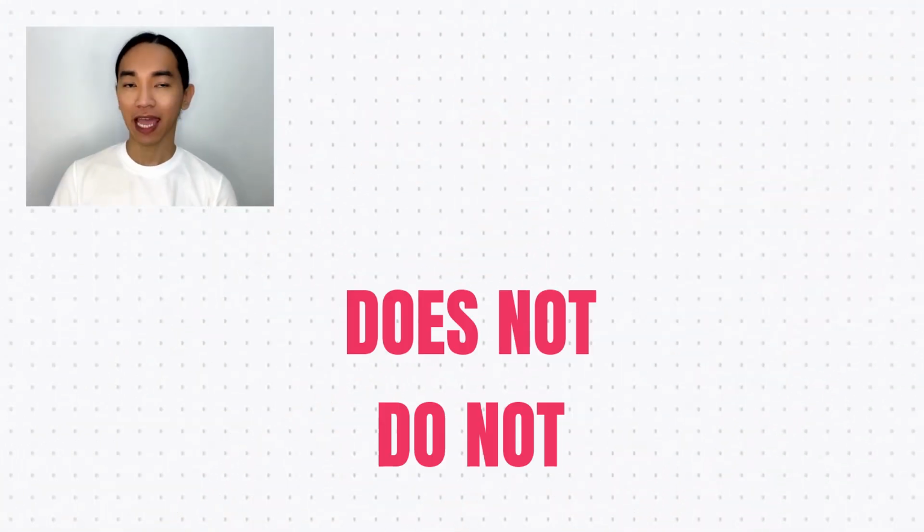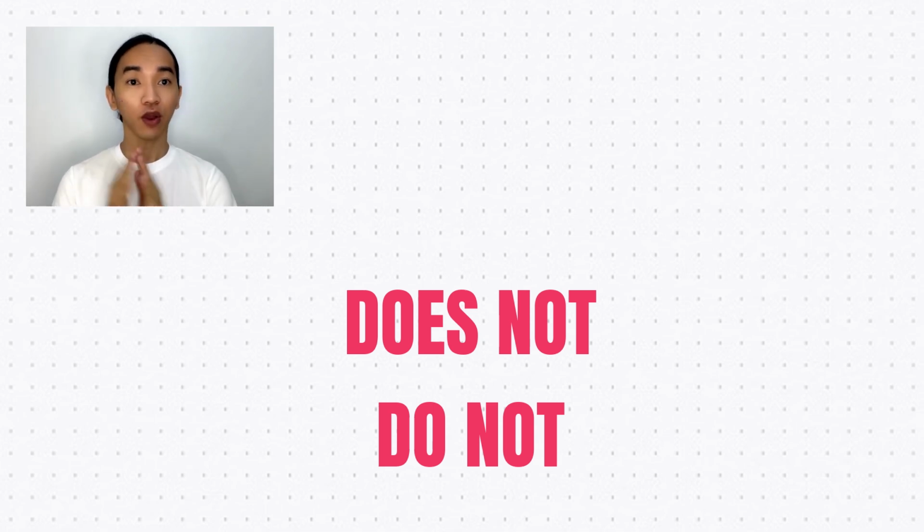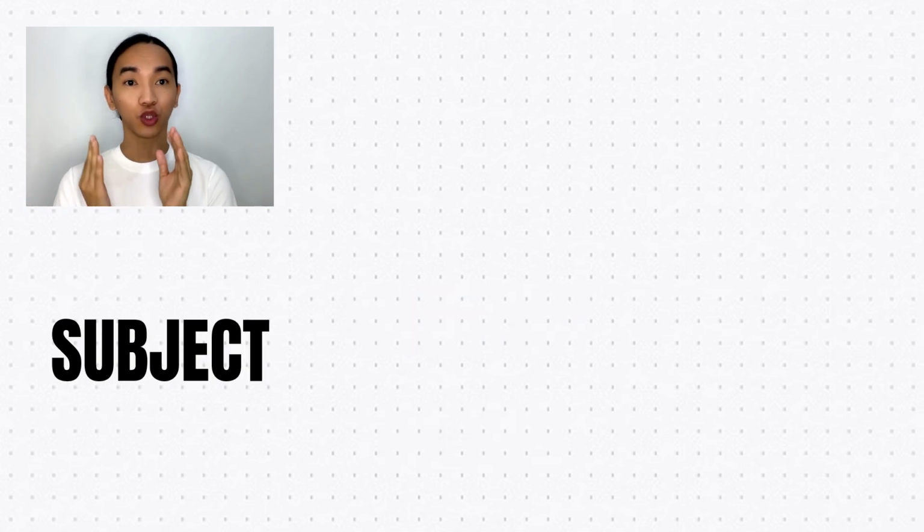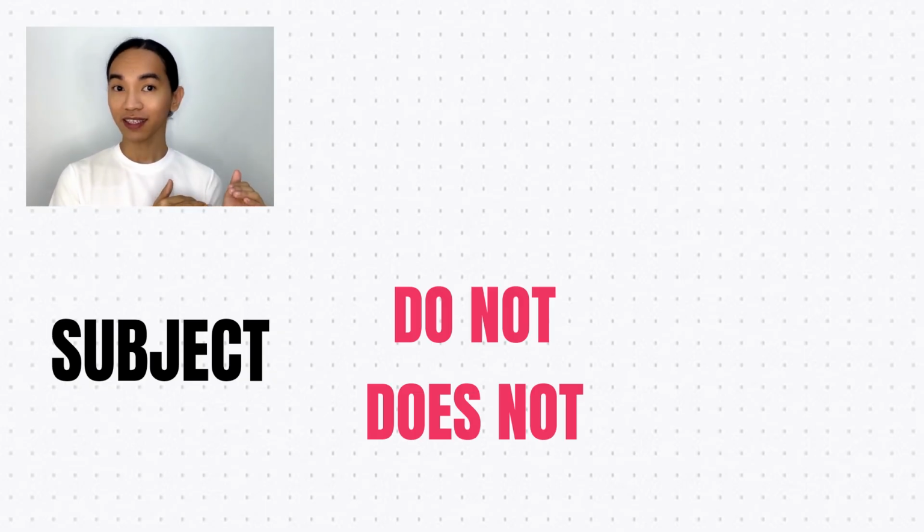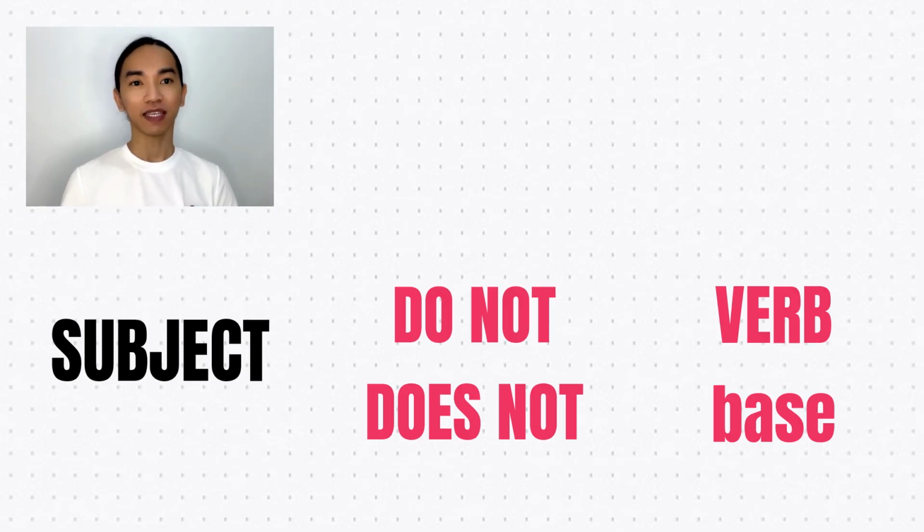Now let's go to our negative forms. Negative forms are very easy in the present simple tense. What you have to do is just add does not or do not to your sentences. So your subject, do or does, not, and then your verb in base form.